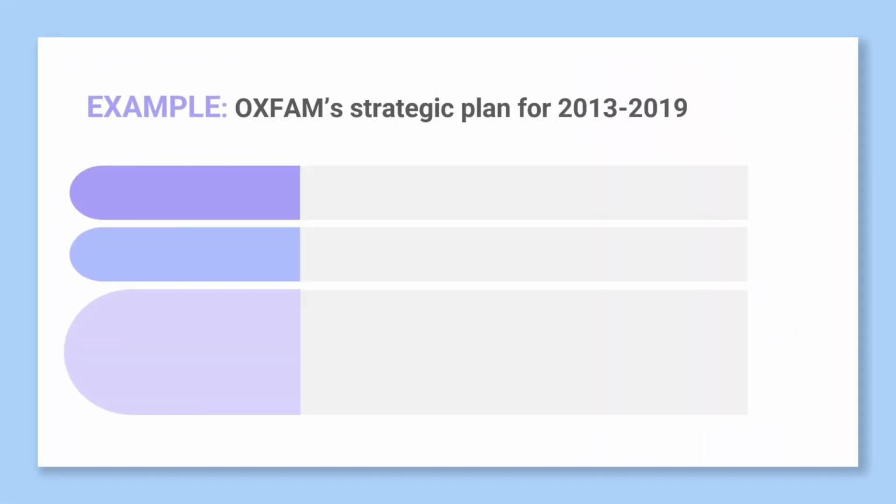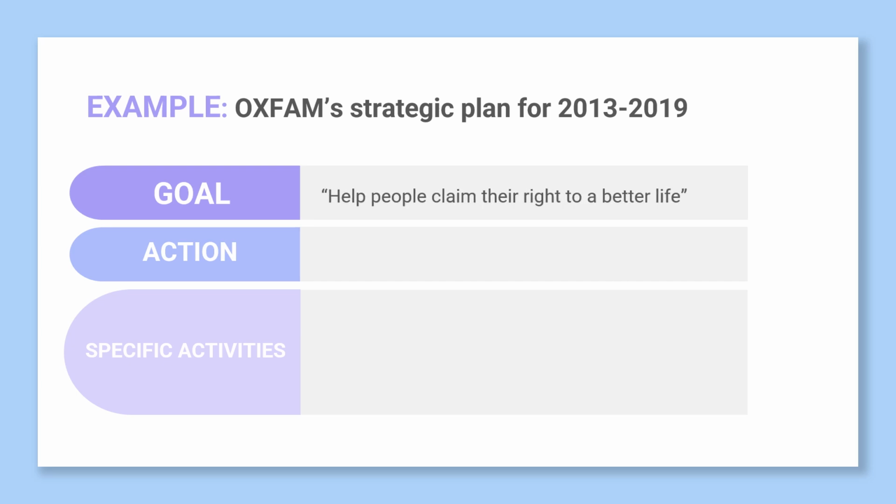To provide an example of how it could be done, we can again refer to Oxfam's strategic plan for 2013 to 2019. Under each of its 6 goals, Oxfam has identified several headline actions, which are then further elaborated.